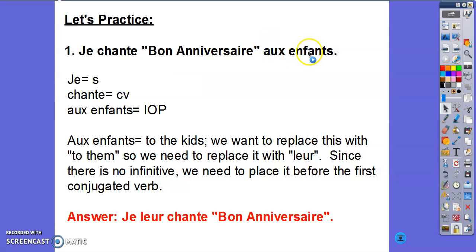It answers to whom? Well, it's our indirect object. So, aux enfants means to the kids, so we want to replace this with to them, so we need to replace it with leur. Since there is no infinitive in the sentence, we need to place it before the first conjugated verb, which is chante. So our final answer, je leur chante bon anniversaire.